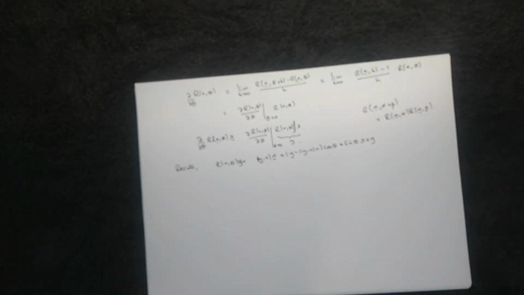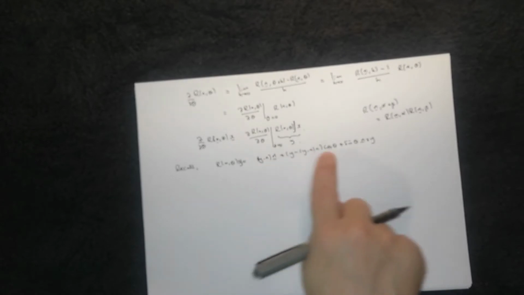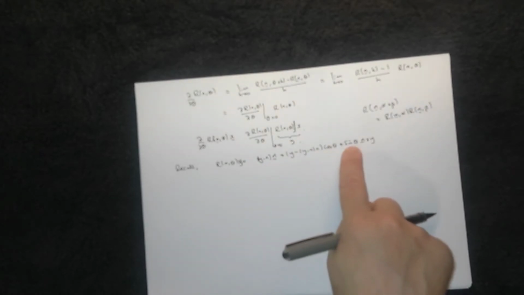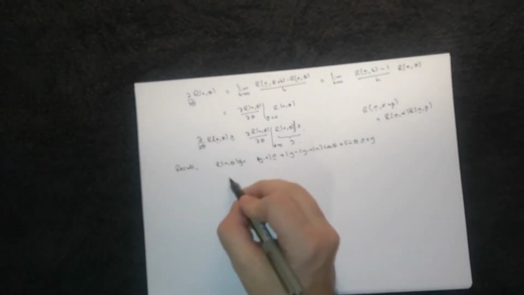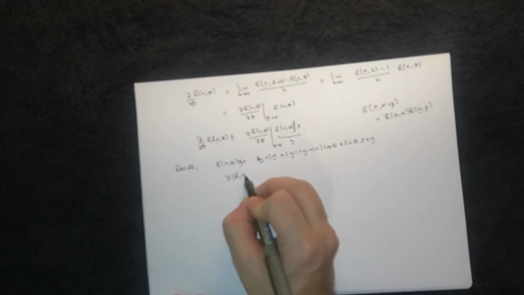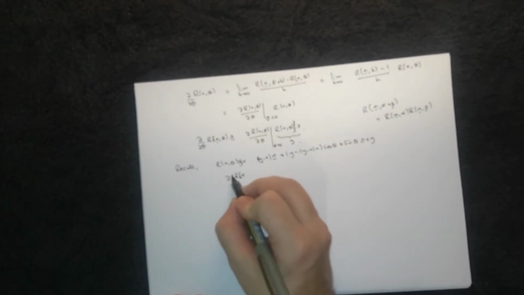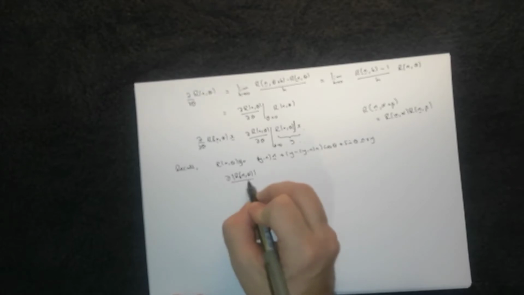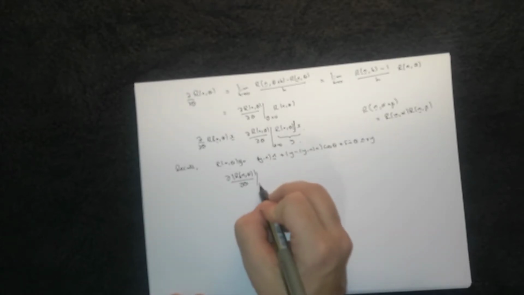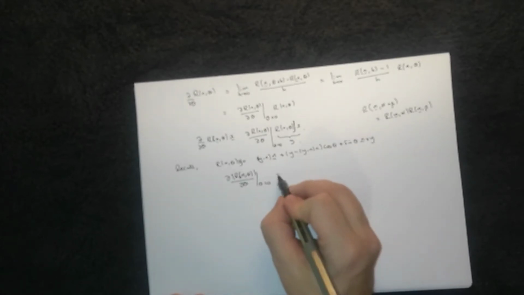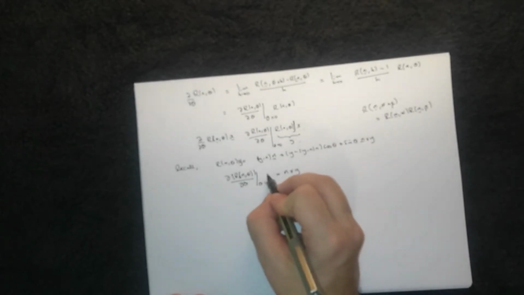So if I differentiate this and set theta equal to 0, this gives nothing, this gives a sine which vanishes, this gives 1, and so we get dr(n, theta)/d theta at theta equals 0 is n cross y if we apply that to y.